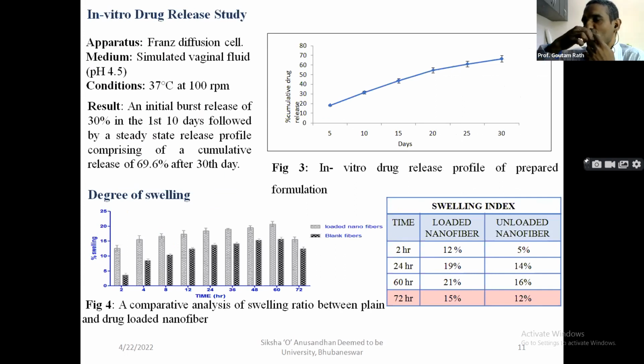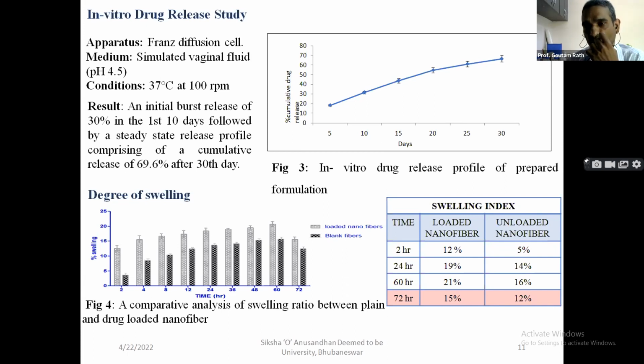The polymers selected are PCL and chitosan. Chitosan makes the nanofiber mucoadhesive, and PCL controls the release of the drug. Almost 70 to 75% of the drug is released after 30 days.